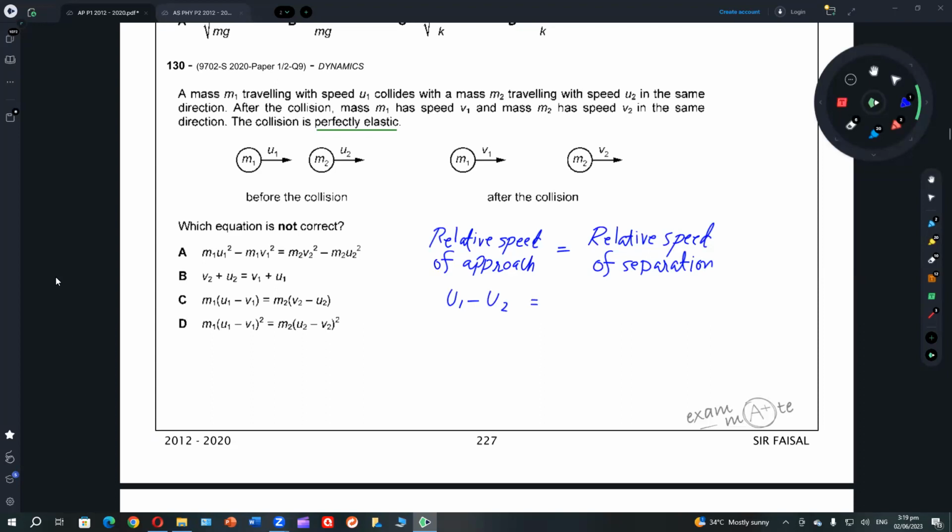And what is the relative speed of separation? Arrows in the same direction will be subtracted. But it's not getting fit. The equation is not getting fit. We can use the second approach.